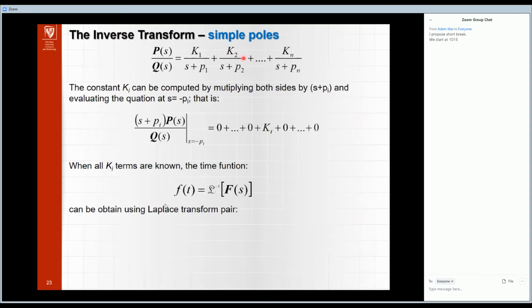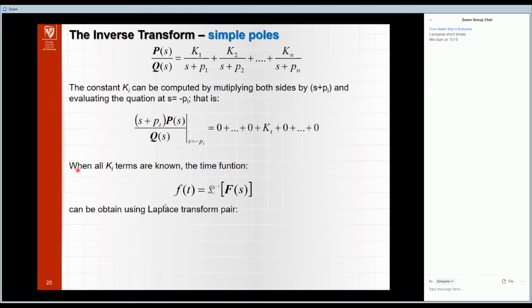So firstly, we multiply both sides by this, and as a result we obtain only the one constant on the right, and on the opposite side we have this polynomial multiplied by this.